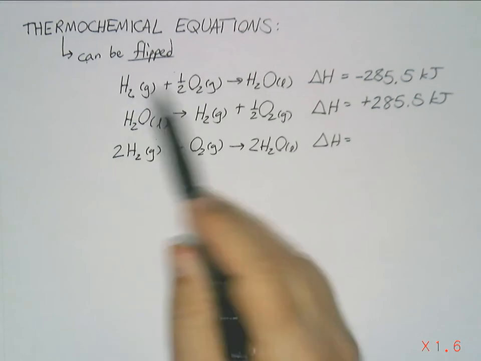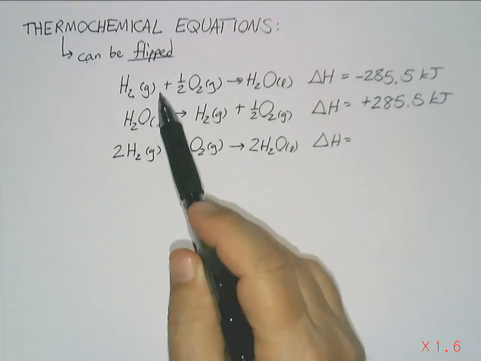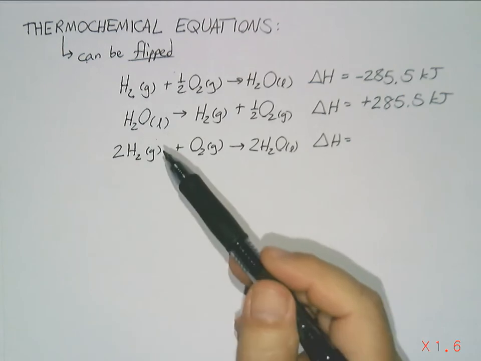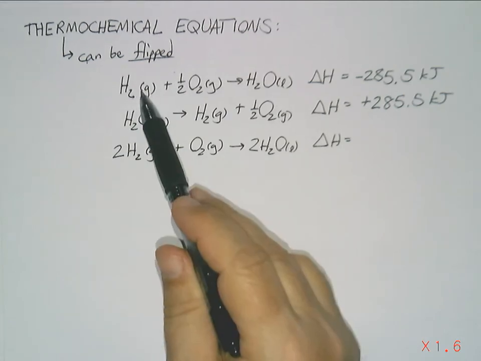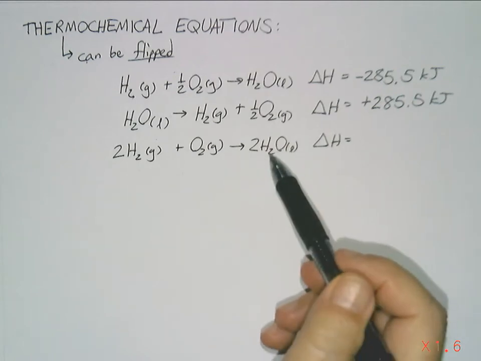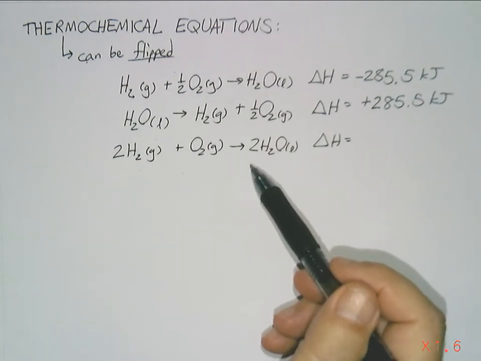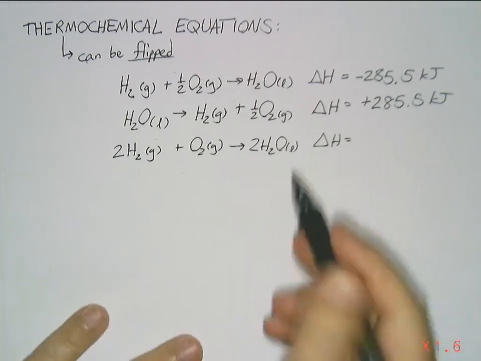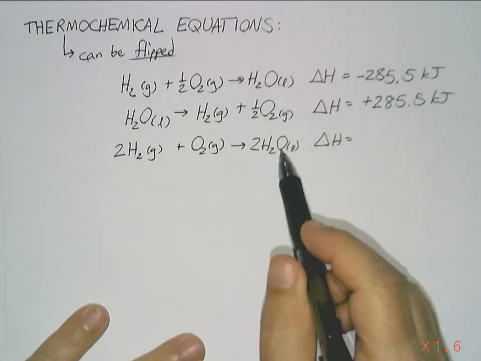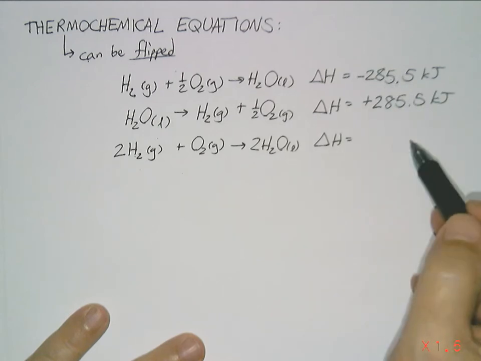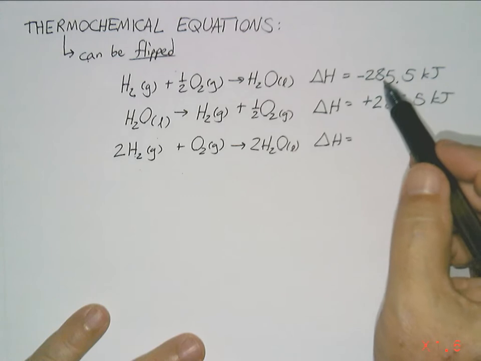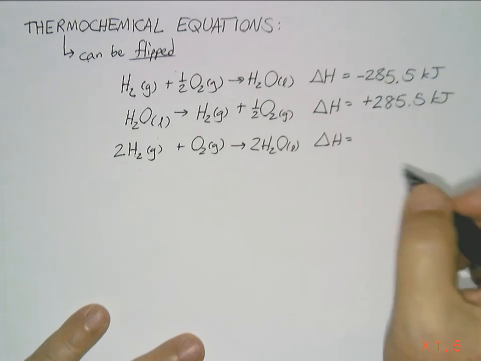This is like a combustion reaction as well as a formation reaction because this is a fuel material. And if you double the amount of fuel you've got, you're going to double the amount of product you're going to get, but you're also going to double the amount of heat that you get. So delta H for this reaction, since I multiplied this part by 2, delta H for this part ought to be 2 times 285.9.